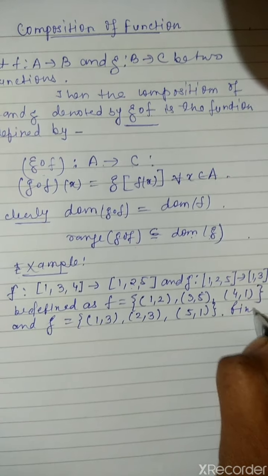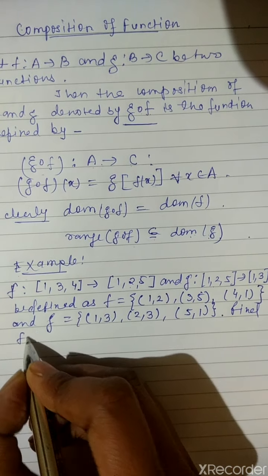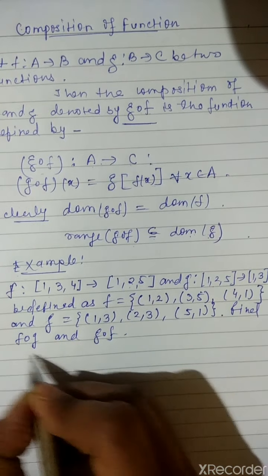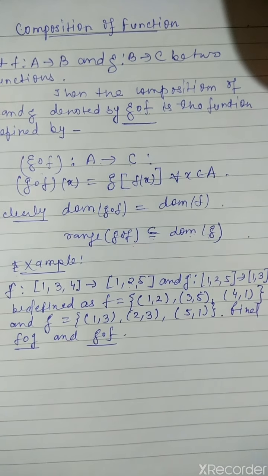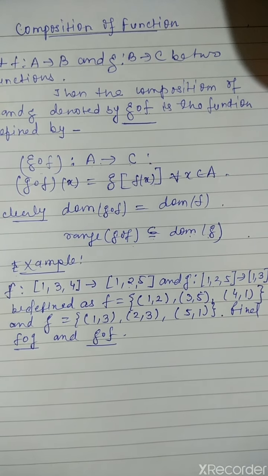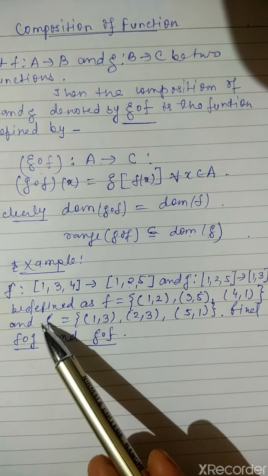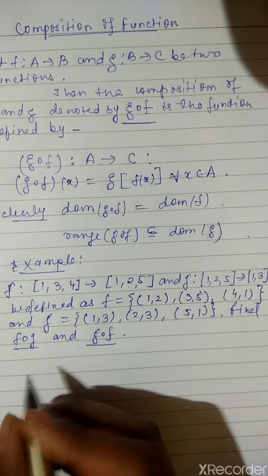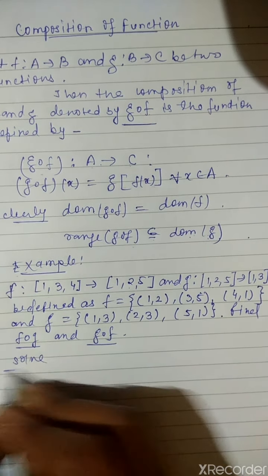Then find F naught G and G naught F. With these two compositions we have to find, F naught G and G naught F. So let us solve this question.